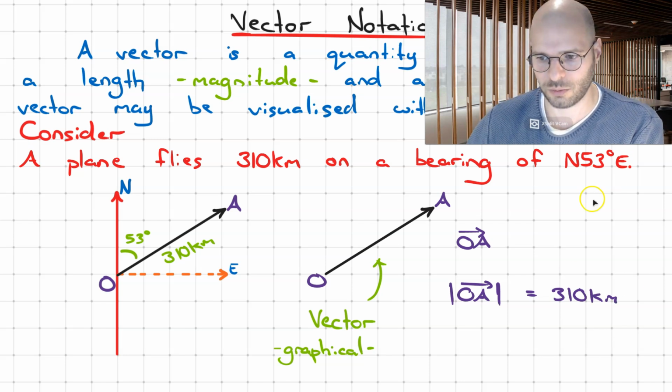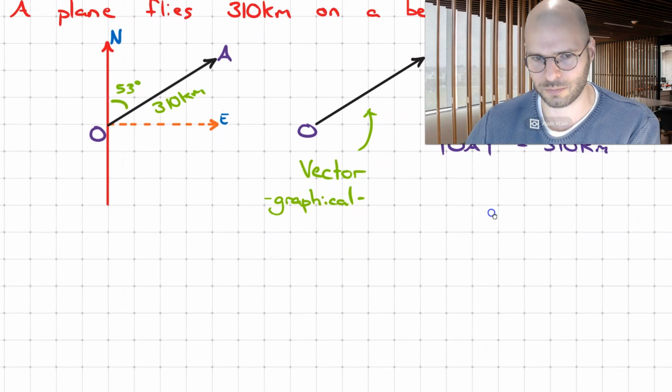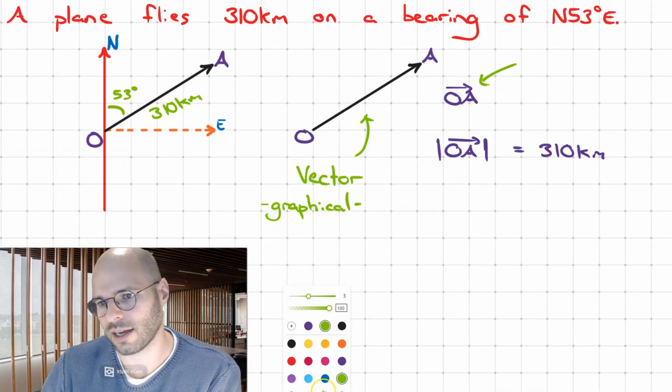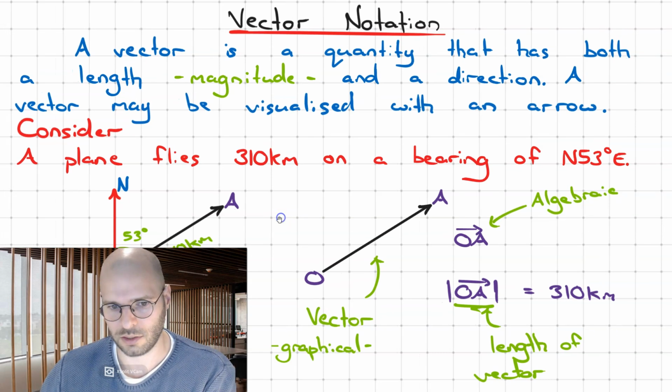There are ways in which we can describe the direction of vector OA as well, but we're not going to look at that in today's video because it's outside the scope of what we're doing at the moment. So that's our algebraic, and this is length of vector OA. Okay, so this is the graphical method here.